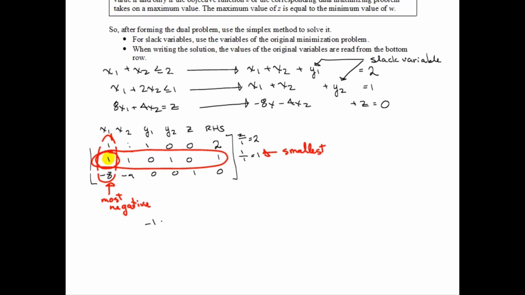We'll do negative 1 row 2 plus row 1 into row 1. And we'll do positive 8 row 2 plus row 3 into row 3. So that will give us this tableau.